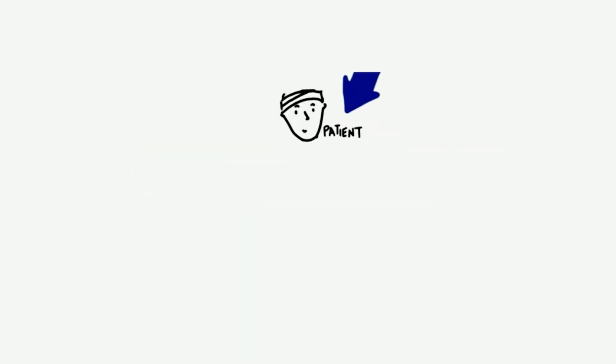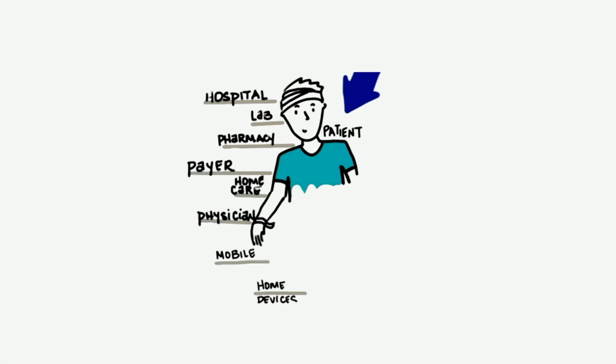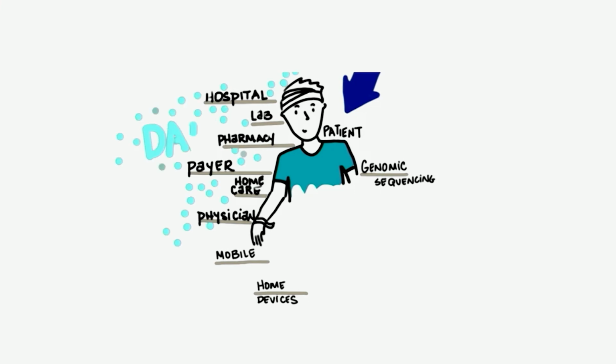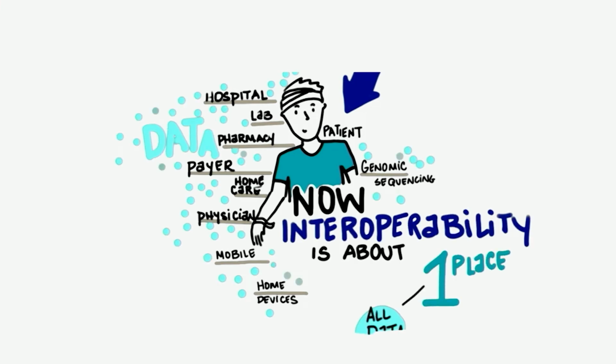The other thing is that there are not only systems in the hospital, but there are systems outside the hospital increasing at an exponential rate. There are labs, reference labs, pharmacies have data, insurance plans have data, patients have data on their mobile devices, genomic sequencing labs have data.